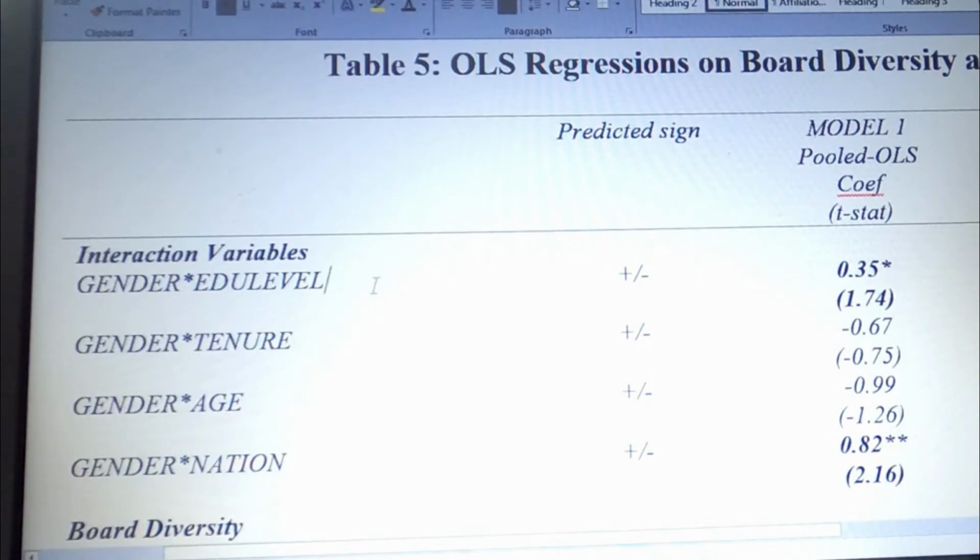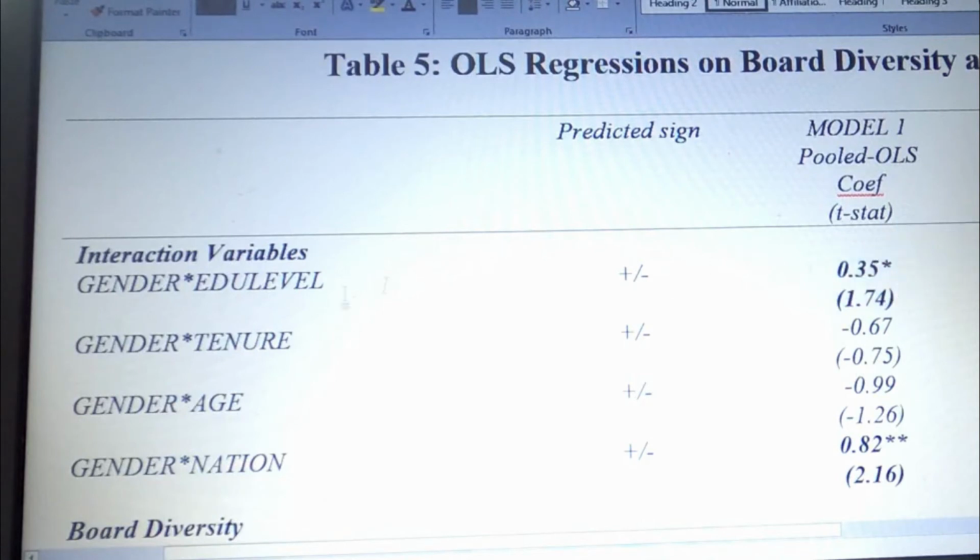In order to identify whether a complementary or substitutive relationship occurs in the interaction terms, I refer to a paper by Oh et al. Later on, I will put the reference in the description. It is complementary in case we find a positive relationship.